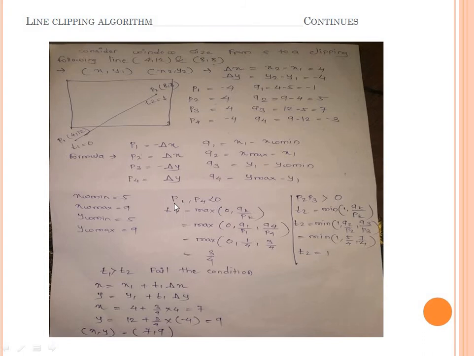Then if pi is less than 0, we calculate the T1 value; if pi is greater than 0, we calculate the T2 value. So T1 is equal to the maximum of 0 and Qi upon Pi, that is, the maximum of 0 and Q1 upon P1 and Q4 upon P4, which we calculate.